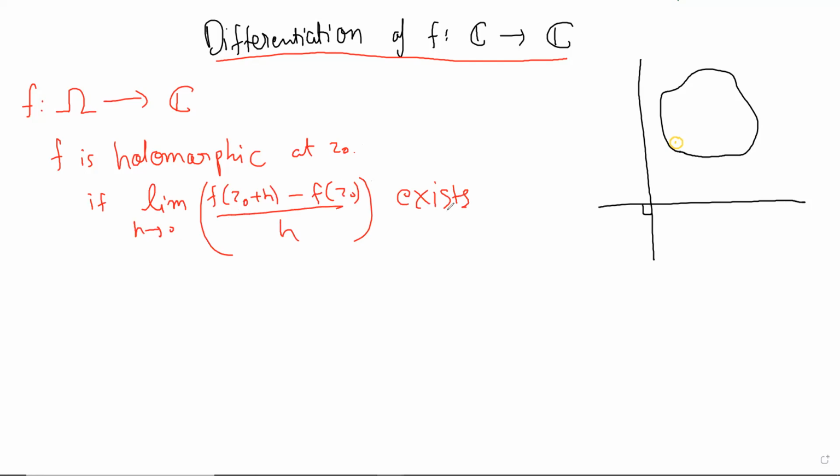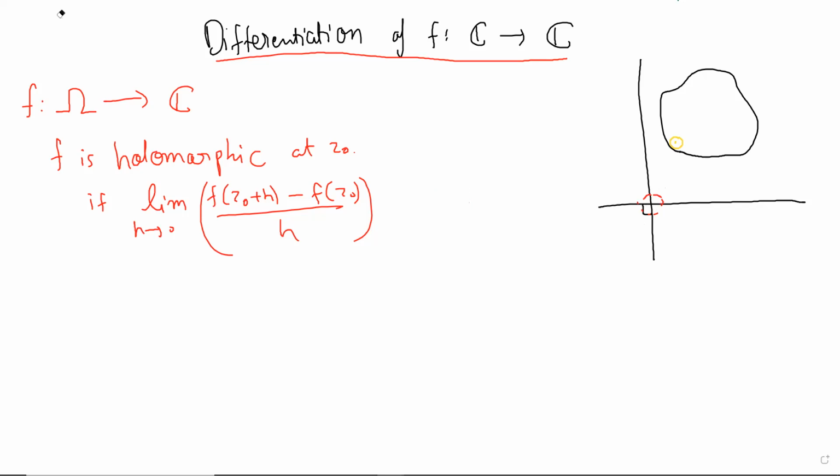Right. So what does h going to 0 mean? It means that this h will be in this neighborhood and h can take all the values in that neighborhood. H is not a real number. H going to 0 here would mean that mod of h is less than or equal to epsilon. Something like that.